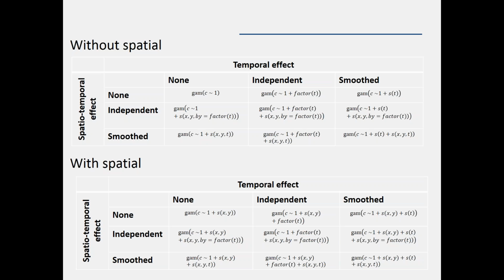Isotropy means that the decorrelation rate is the same in every dimension. So if you've got a smoother s(x, y), it means that you decorrelate the same if you go 10 units in dimension x or 10 units in dimension y, because they're decorrelating at the same rate as you move in those coordinates.